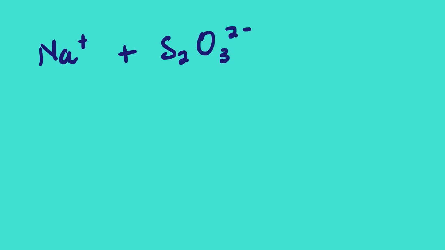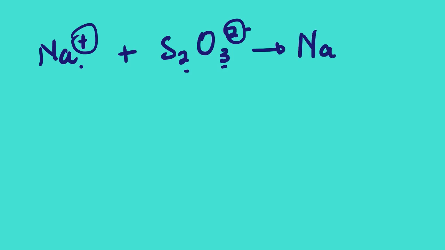Let's look at sodium reacting with thiosulfate. Sodium like this, and then thiosulfate is S2O3 2 minus. Then in this case, we are going to cross multiply. You can see that this 2 will be here, then this 1 will actually be, we don't have to introduce a bracket because we know that 1 multiplied by this subscript will give us the subscripts.